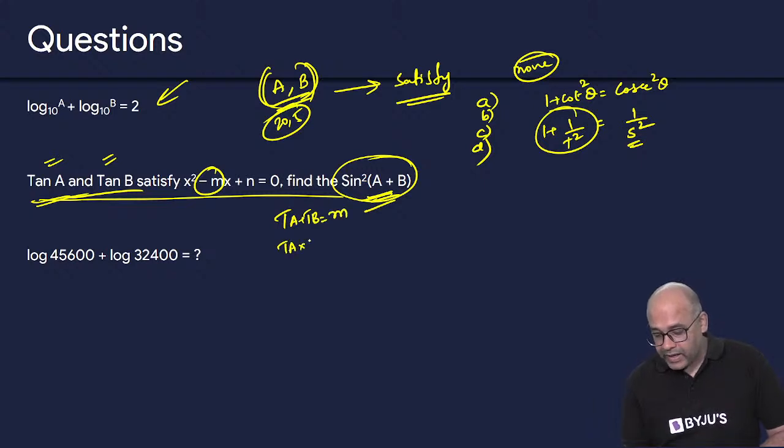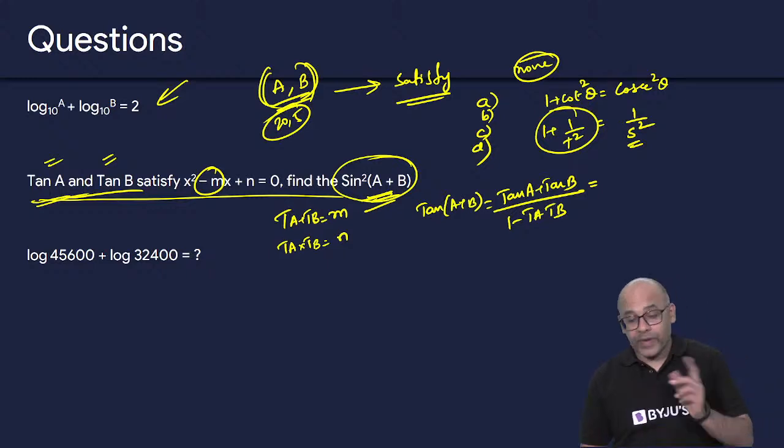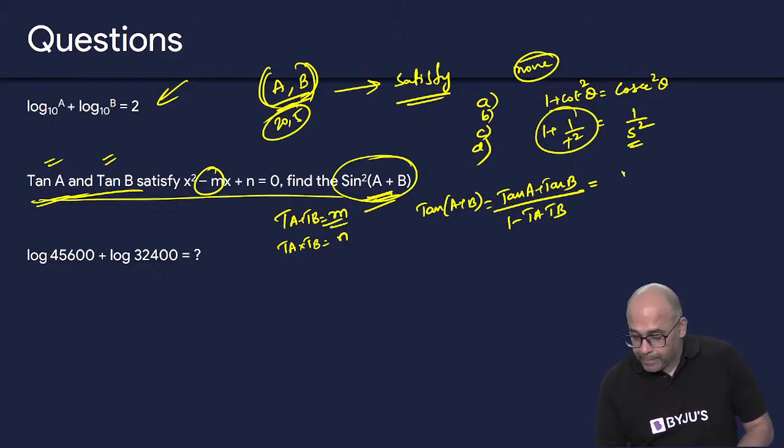And tan A into tan B is equal to product of the roots, which is n. Now what is tan of A plus B? Tan of A plus B is tan A plus tan B by 1 minus tan A tan B, correct? So according to this, we will be getting tan of A plus B as m by 1 minus n.